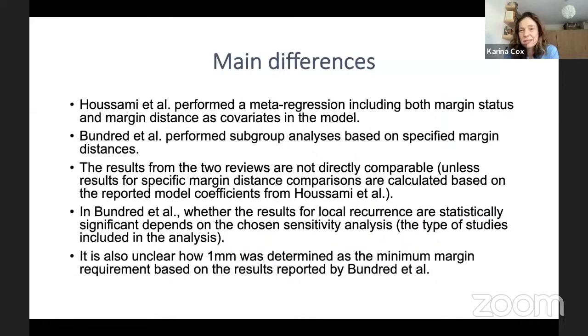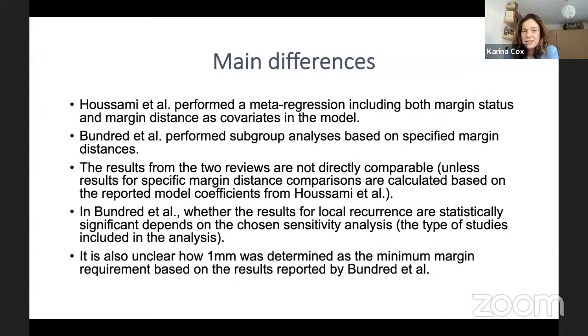So what really were the main differences? They used different statistical methods, and I think that's the key thing here. Husseini et al. performed a meta-regression model, and they used margin positivity and margin distance as covariates.